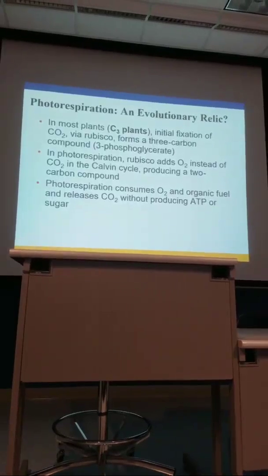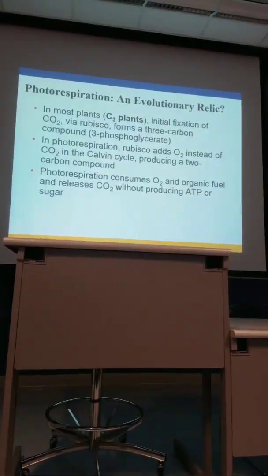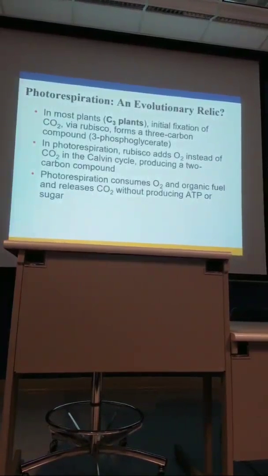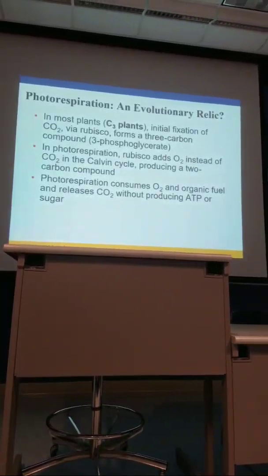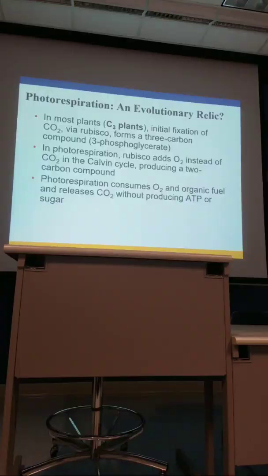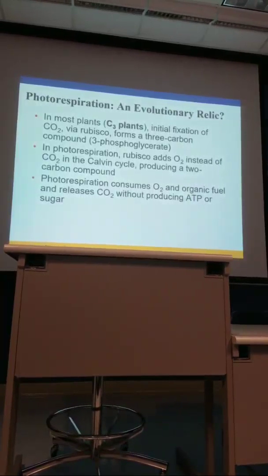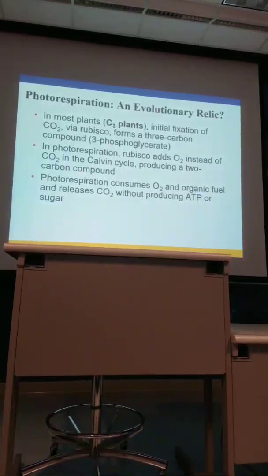In photorespiration, Rubisco adds oxygen instead of carbon dioxide in the Calvin cycle. It produces a 2-carbon compound. Don't try to remember all of that. Just remember photorespiration is going to do things a little bit differently. Notice photorespiration consumes oxygen and organic fuel and releases carbon dioxide without making any ATP or sugar.